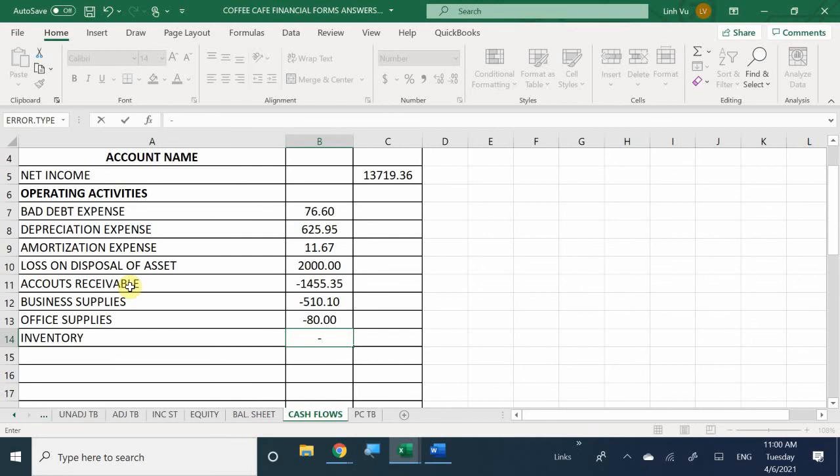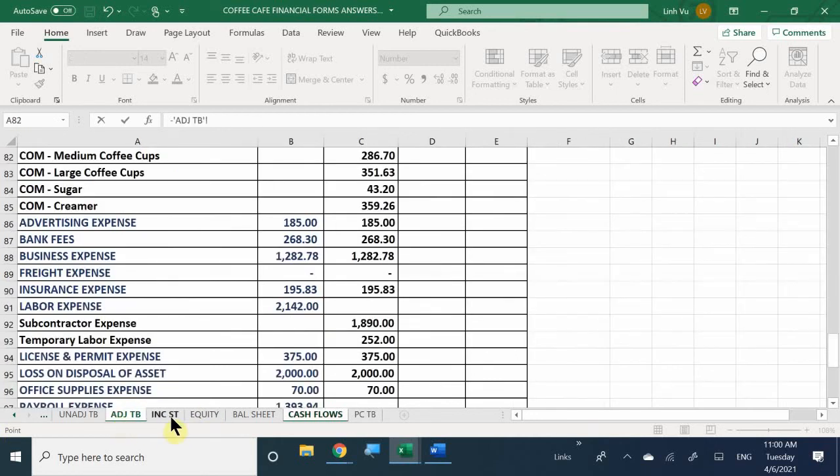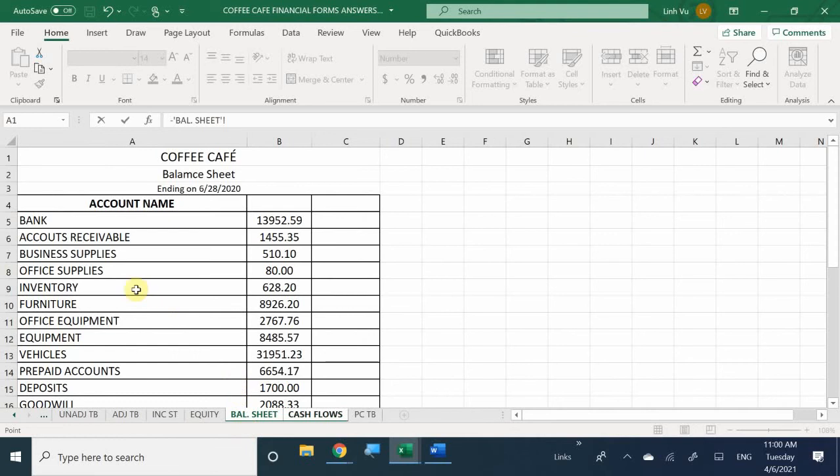So in this case, this is money that's been spent. So this is another negative. Easiest way to understand that is that all current assets are going to be negative because they're money that you spent or money that you never received. All right? That's the easiest way to understand how to complete this.